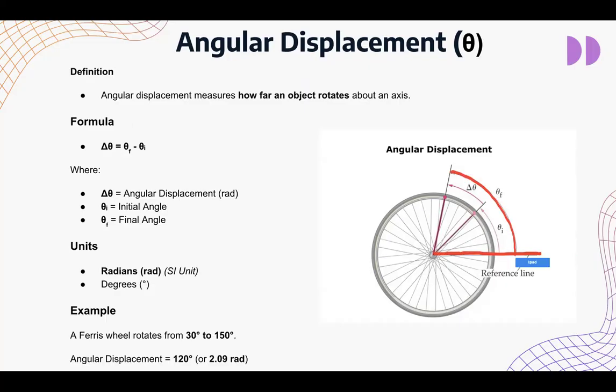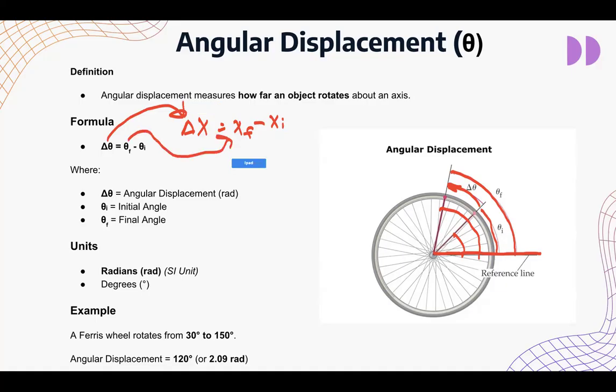So if it started with this much and it moved to this much, the displacement of the angle is this much, correct? Remember, delta x is just equal to x_f minus x_i. It's the same thing, but I'm just replacing the variable, which makes it angular, right?